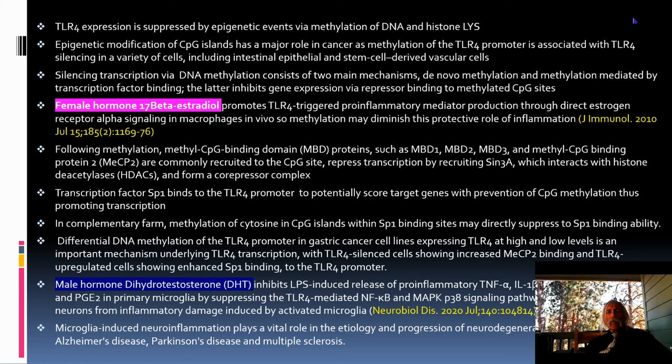So TLR4 expression is suppressed by epigenetic events. Okay, that's interesting, right? Now remember, epigenetic phenomena occur all the time. We used to think it was a rare phenomenon. That means a covalent, usually, modification of DNA, RNA, or protein like histones associated with chromatin that changes gene expression. That's what we mean by epigenetic. So epigenetic is different than mutation.